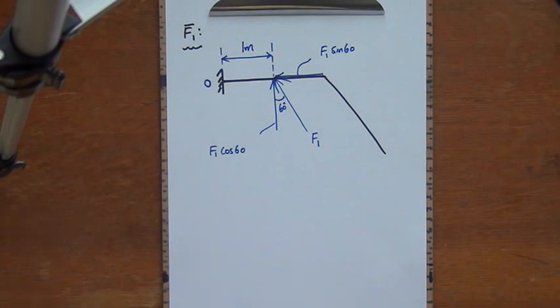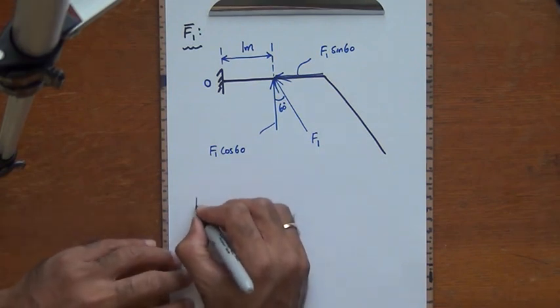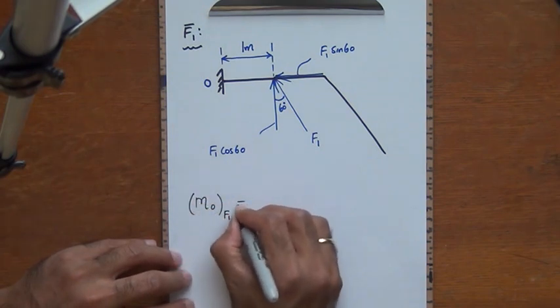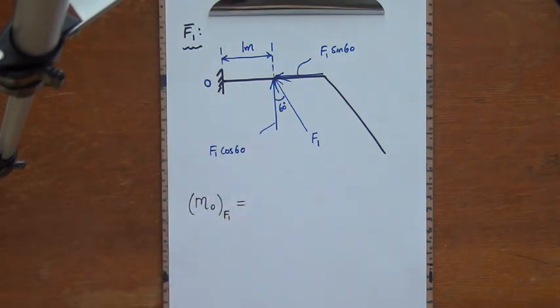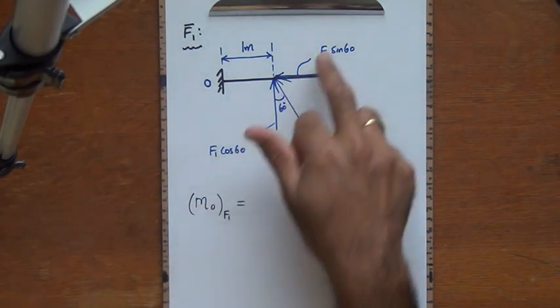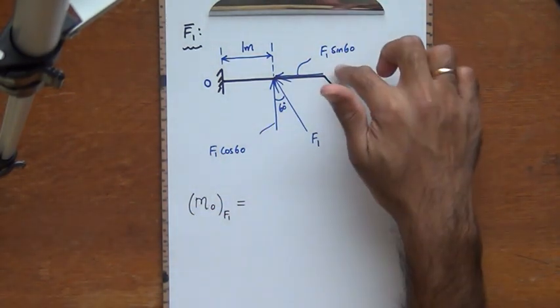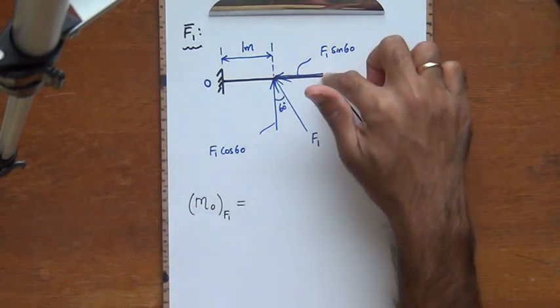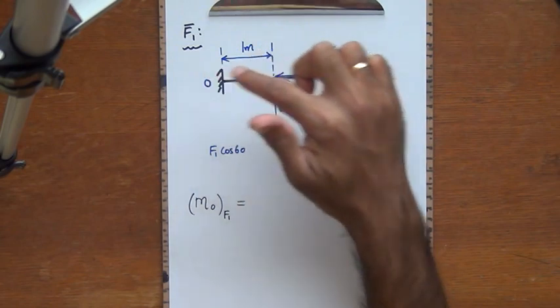So I'm going to write it in the following manner. Moment about the point O due to the force F1 is equal to the algebraic sum of the moments due to each of its individual components. Now watch this. If I look at F1 sine 60, you see that the line of action of F1 sine 60 is passing through the point of interest.